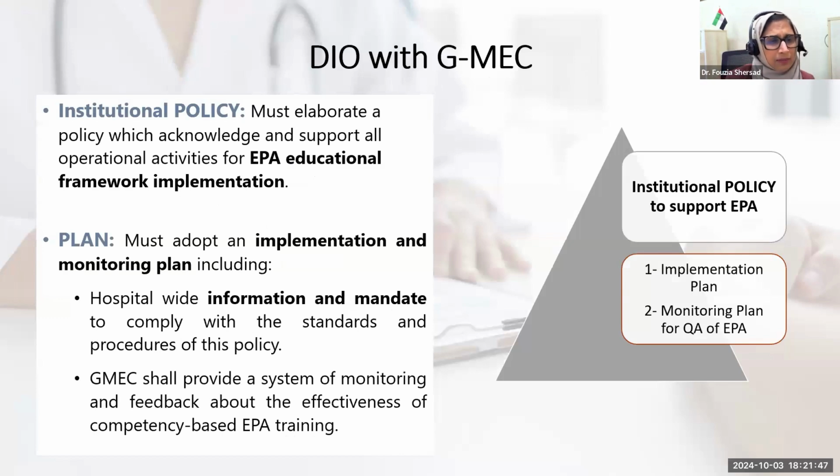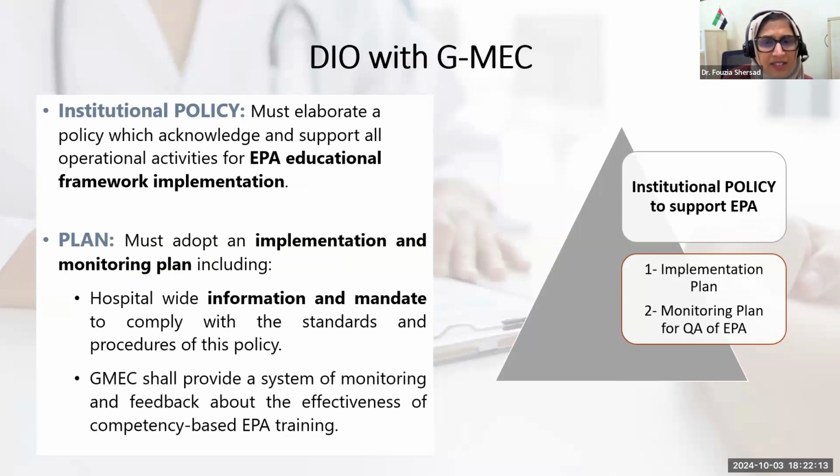Now, Dr. Theodora has already mentioned, but as these are the policies which need to be followed, let me just say it again. The institutional policy should include all the requirements of EPA, all the support that is required for the EPA framework to be implemented has to be clearly articulated in the institutional policy.